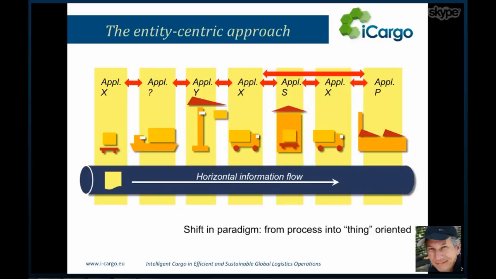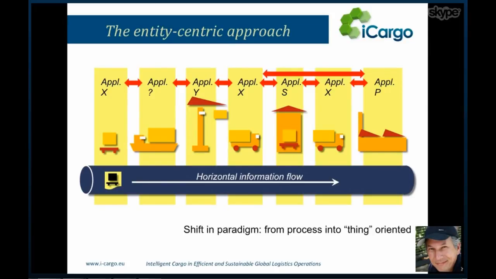The current approach is to build computer systems to support processes, and we extend it with information organized per thing. This is what we call the entity-centric approach, and it is one of the main things where the iCargo infrastructure differs from other infrastructures.